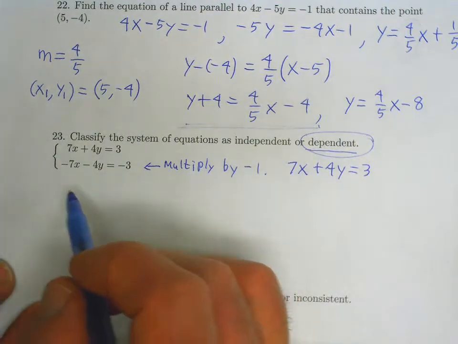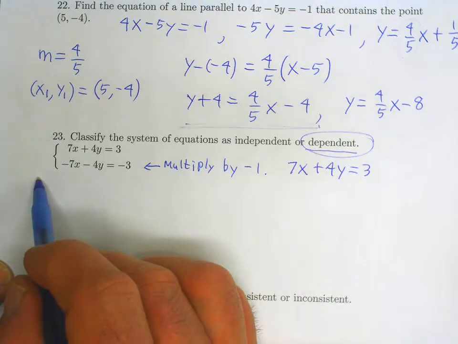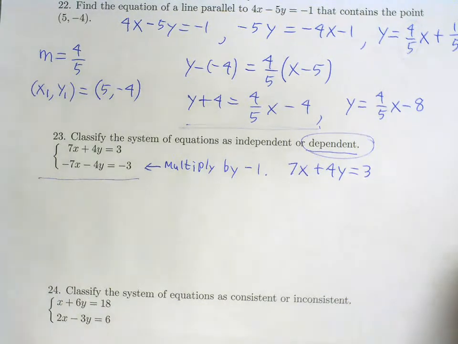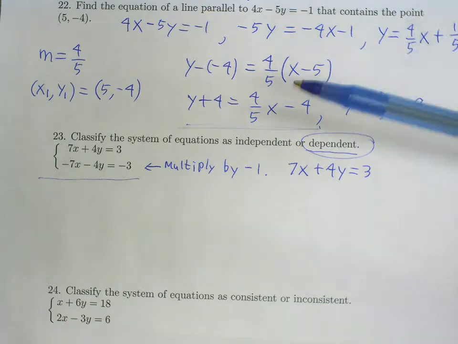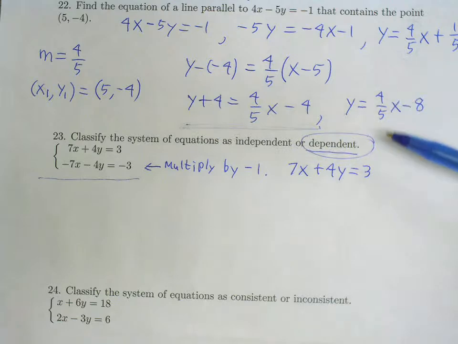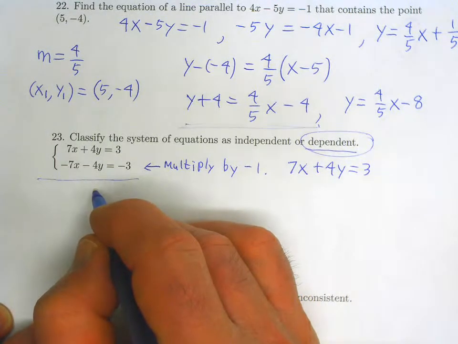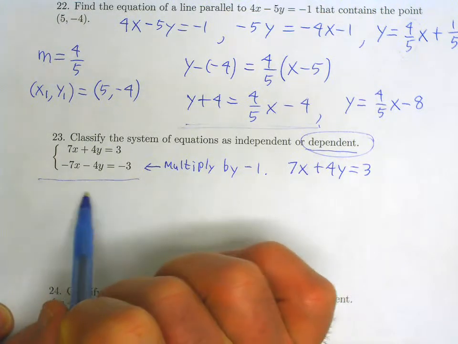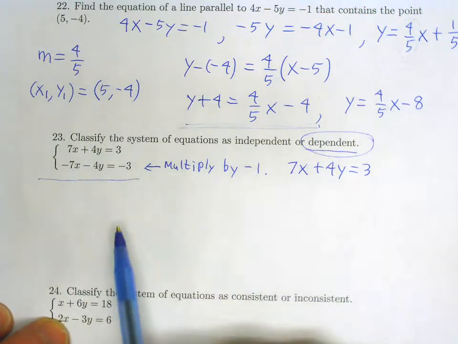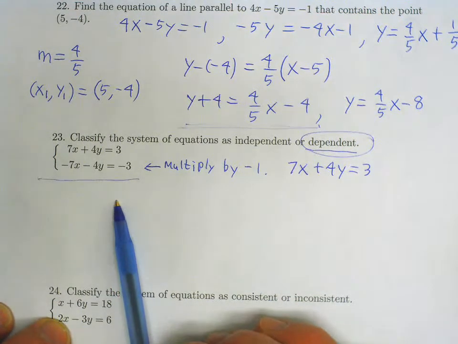Another thing about a system of two linear equations that is dependent: if you use the elimination method to solve, if it's dependent, you'll always get both variables to eliminate and a resulting equation that's true.